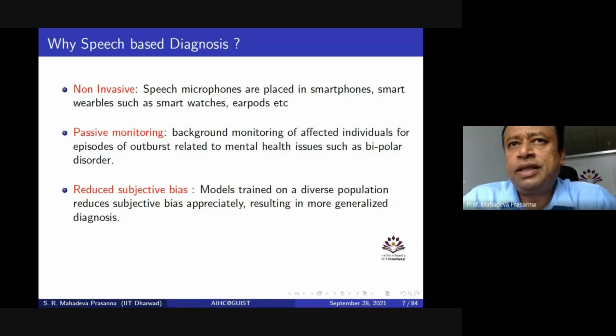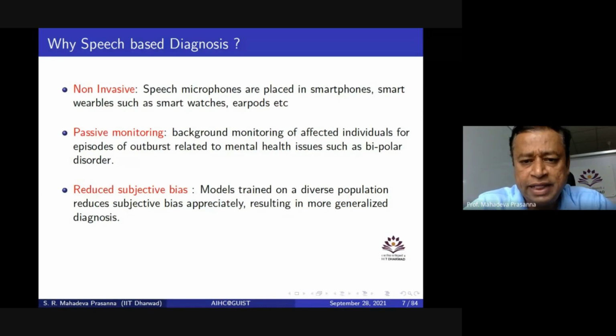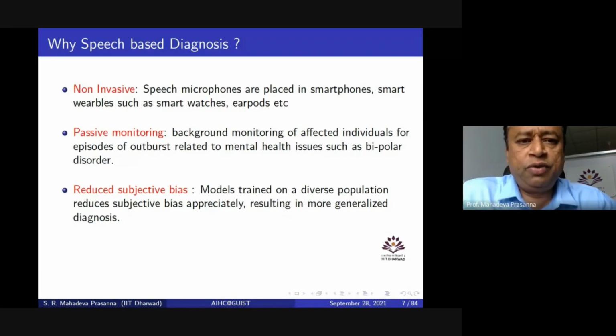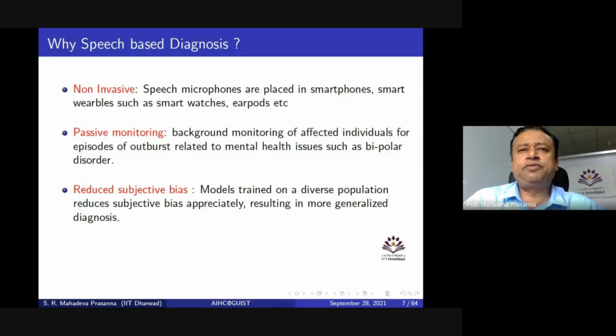Whereas there are many health-related issues which can be diagnosed by using the speech signal as a biosignal or physiological signal. Generally, when we say speech-based diagnosis, unless specified, we are focusing on pathological speech, but beyond pathology also, we can use the speech signal as a representative signal for health analysis.